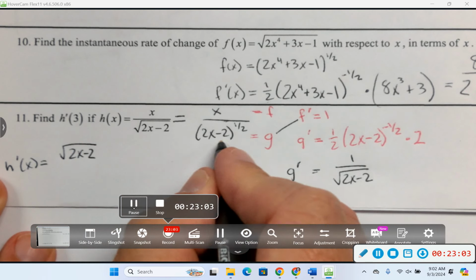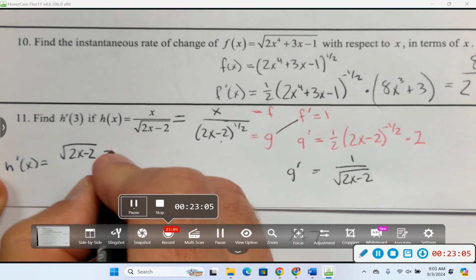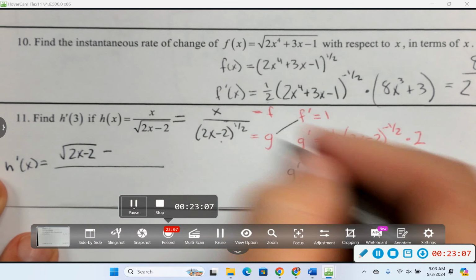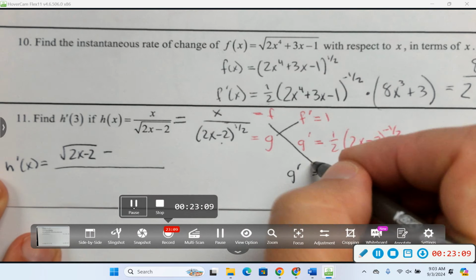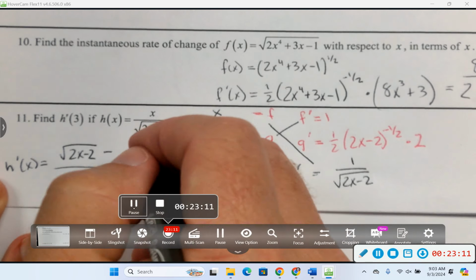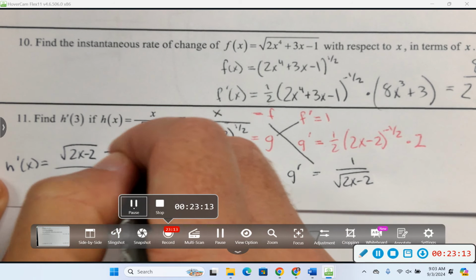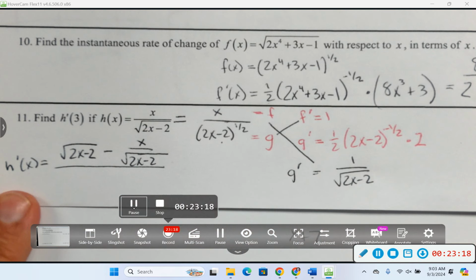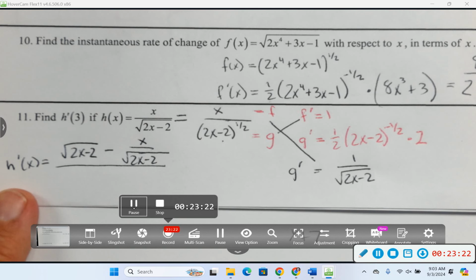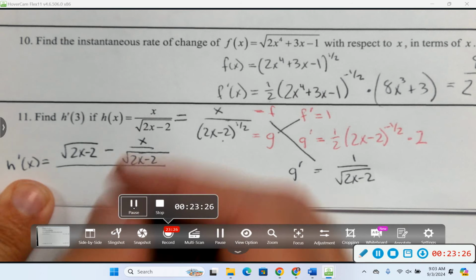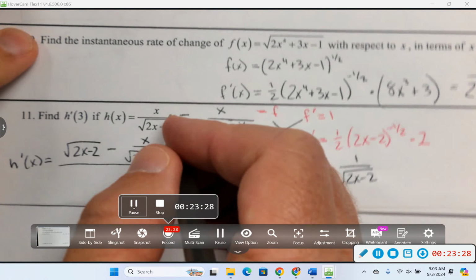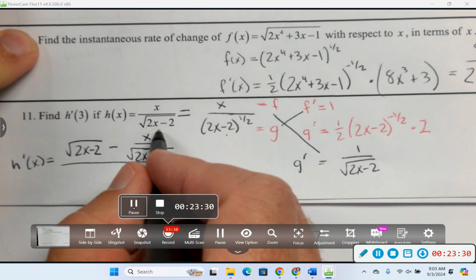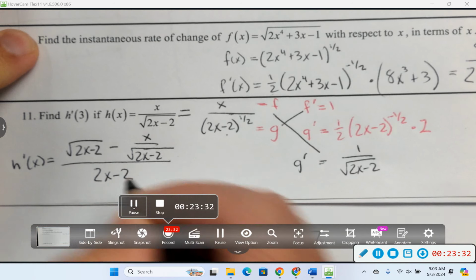Square root 2x minus 2 times 1, minus the other way around, fg prime would be x over square root 2x minus 2, over g squared. So if I square the bottom, I finally get a small favor out of this problem. I just get 2x minus 2.